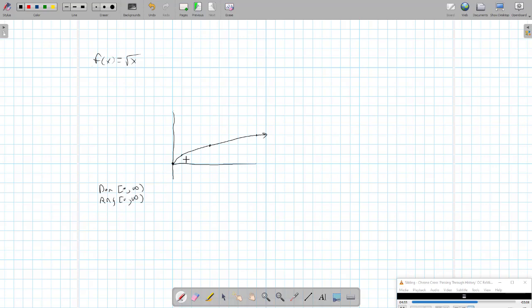It's another always increasing function. But this is really the first one we've had that has a limited domain. It doesn't go infinitely to the left, because if you plug in, say, negative 4, the square root of negative 4 is 2i. Remember, the square root of a negative is imaginary. So because of that, the domain doesn't exist over there.